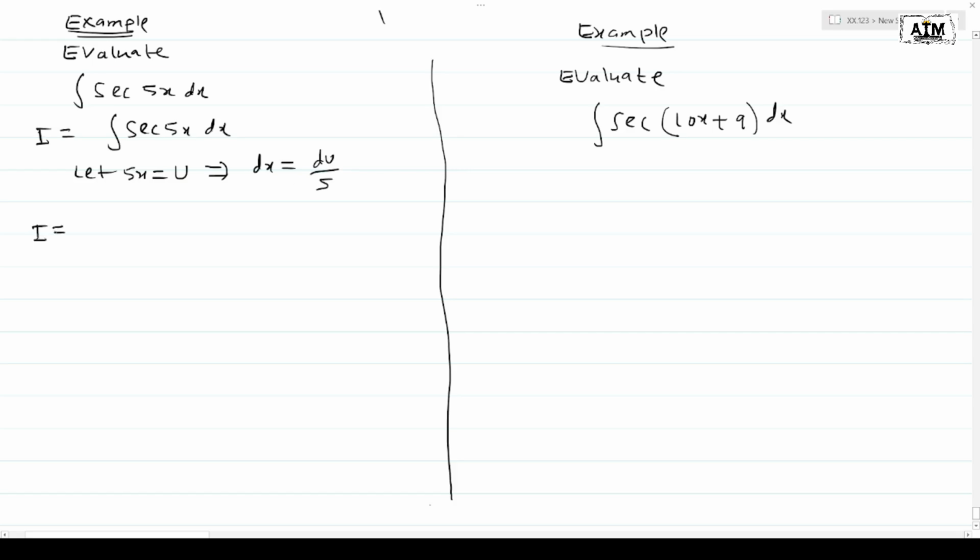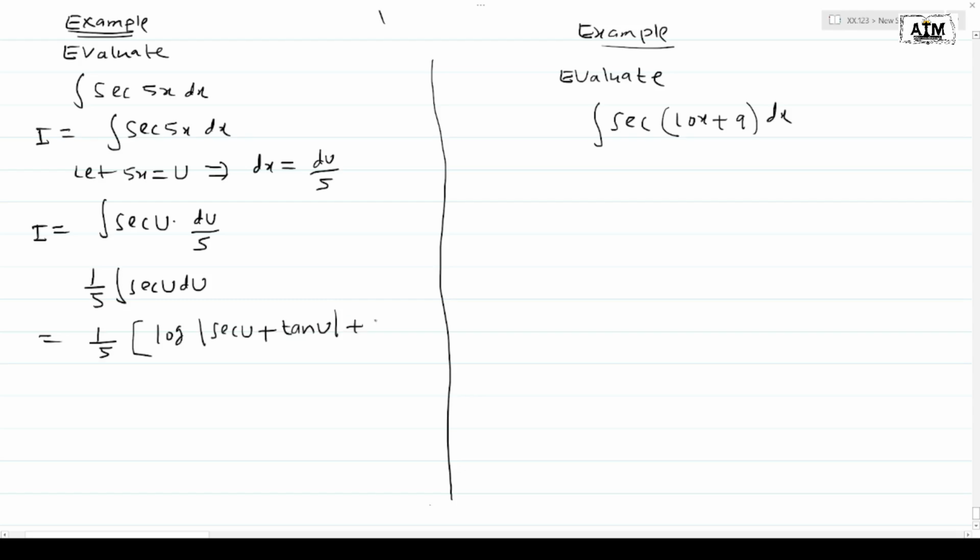Then I equals integration of sec u du upon 5, 1 upon 5 taken outside, integration of sec u with respect to u, equals 1 upon 5 times integration of sec u, which is nothing but log of modulus sec u plus tan u modulus close plus c.